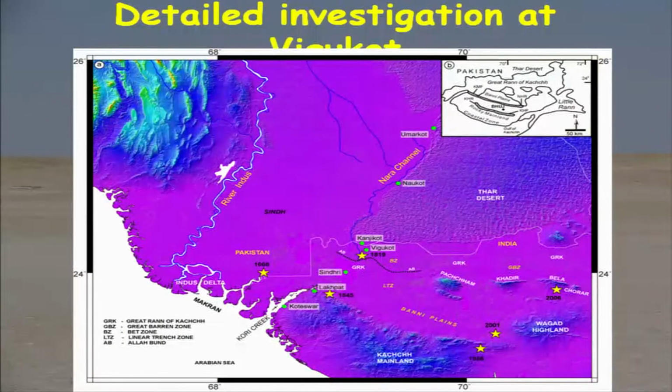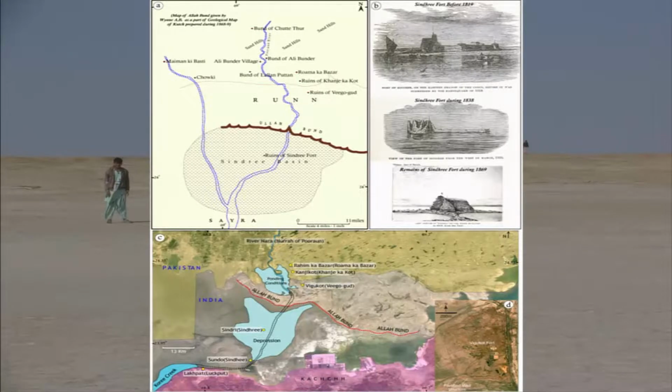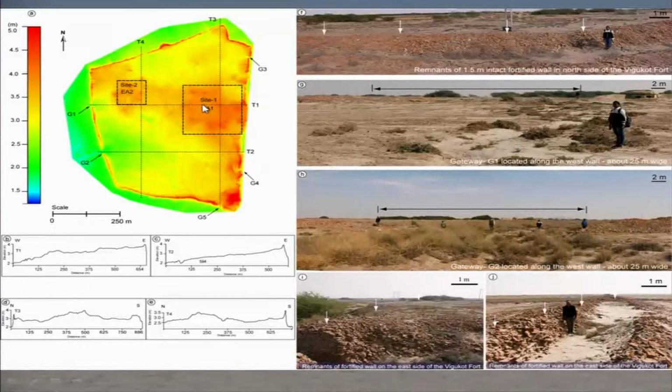And then finally, in the detailed investigation at the site, we tried to look at how the whole area looked. We did a very detailed topographic mapping, and what we found were not three but at least 2 gates on each side, on east and west, and 1 gate on the southern side.